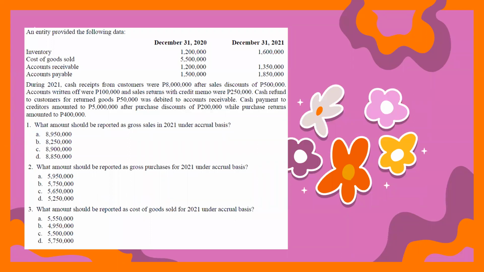Cash refunds to customer for returned goods, 50,000, was debited to accounts receivable. So later on, we will analyze what happened there. Cash payment to creditors amounted to 5 million after purchase discount of 200,000 while purchase returns amounted to 400,000.